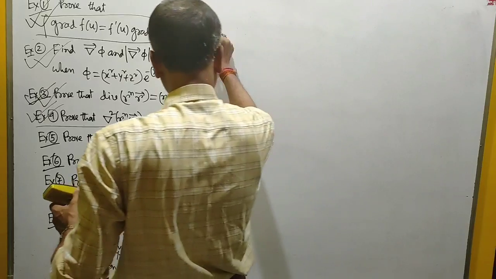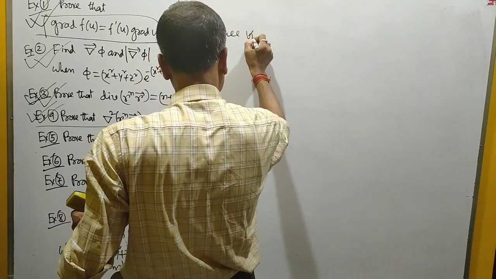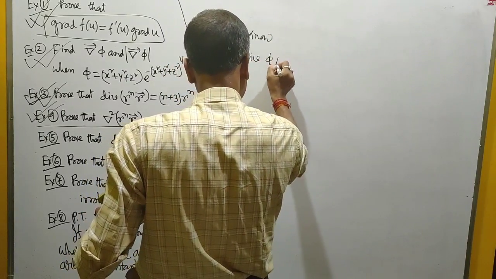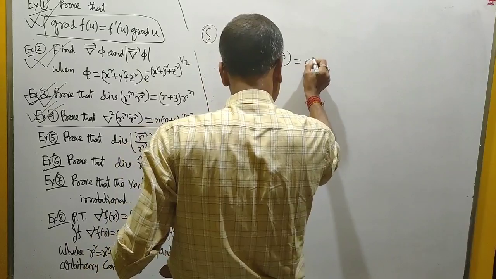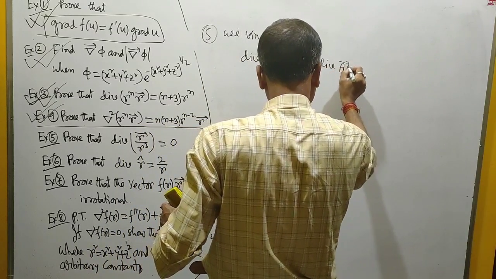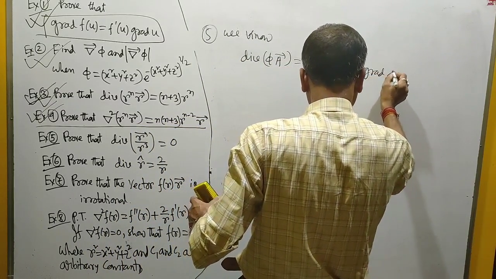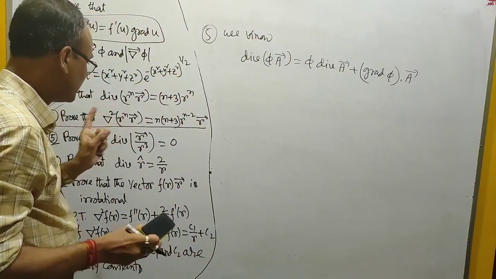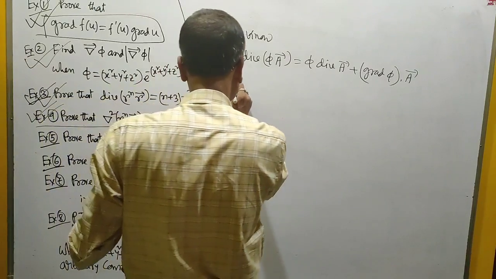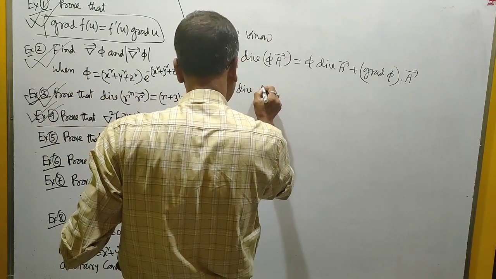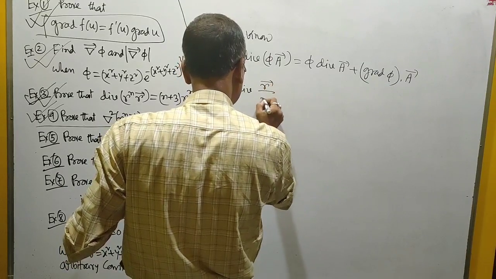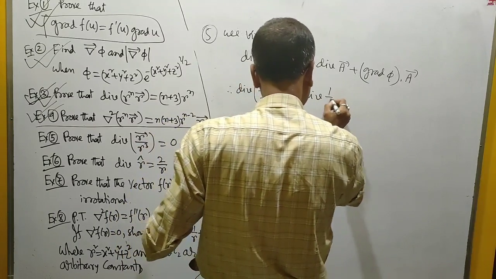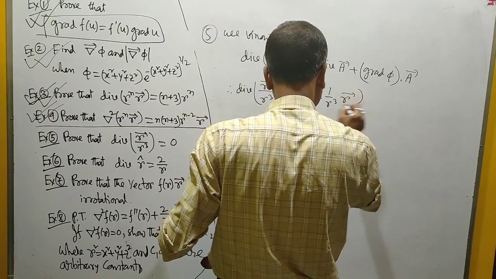Now, number 5, we know the same will be applied here. Divergence of phi A vector equals phi divergence of A plus gradient of phi dot A. Therefore, divergence of r vector divided by r cube equals divergence of 1 by r cube r vector.